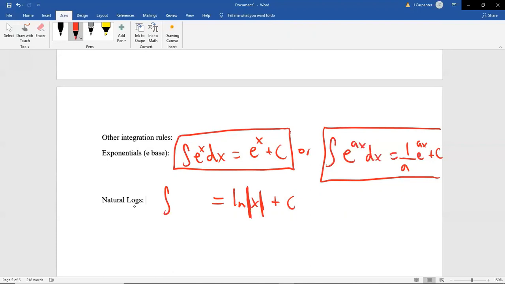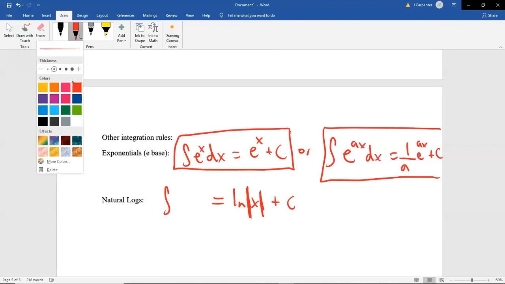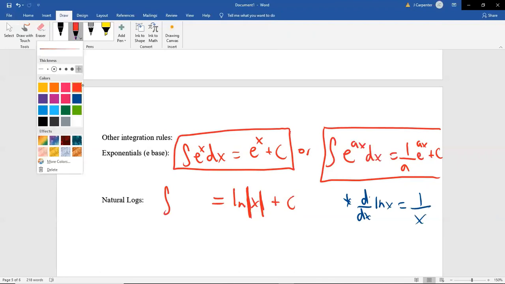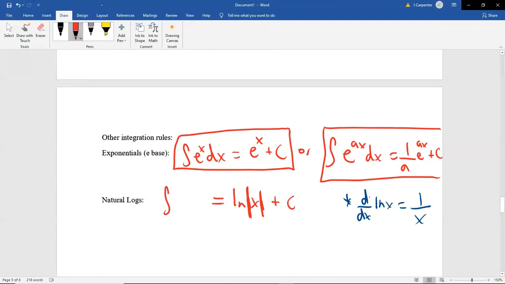We had a derivative of the natural log of x before. d dx of the natural log of x was 1 over x. So guess what? The integral of 1 over x is the natural log of x, basically. Remember I said earlier that power rule had that weird special case that you couldn't let the exponent be a -1? When the exponent's -1, this is what you fall into.